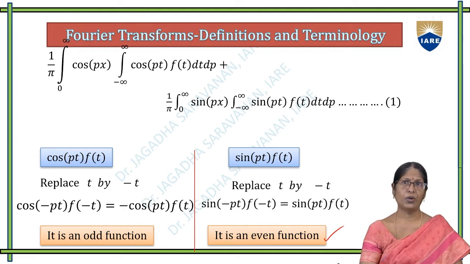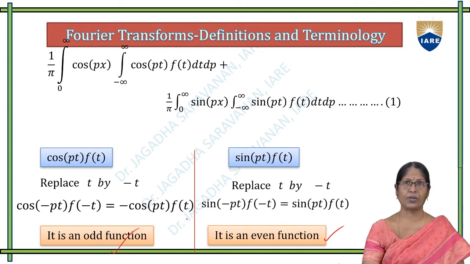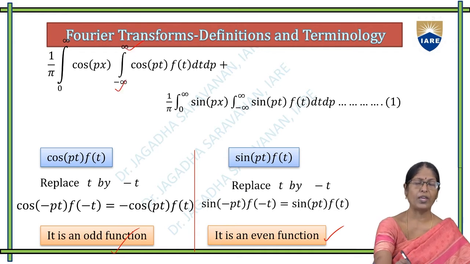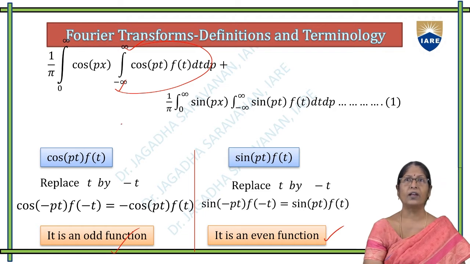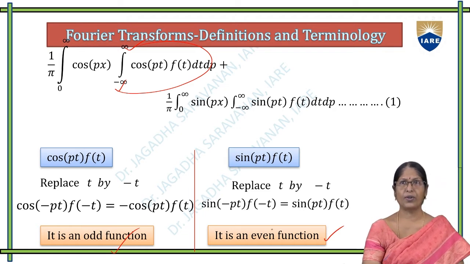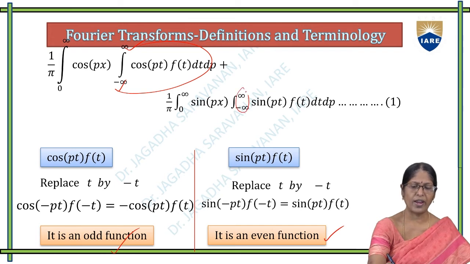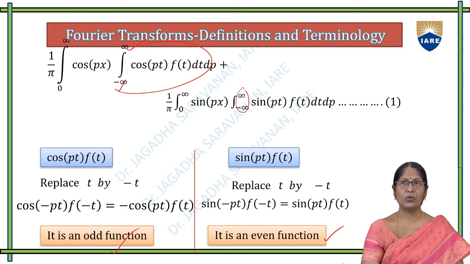Now one thing we are going to do. If it is an odd function, especially with the integral range from minus infinity to infinity, then the particular integral vanishes. Whereas for an even function, the range minus infinity to infinity changes to 0 to infinity.